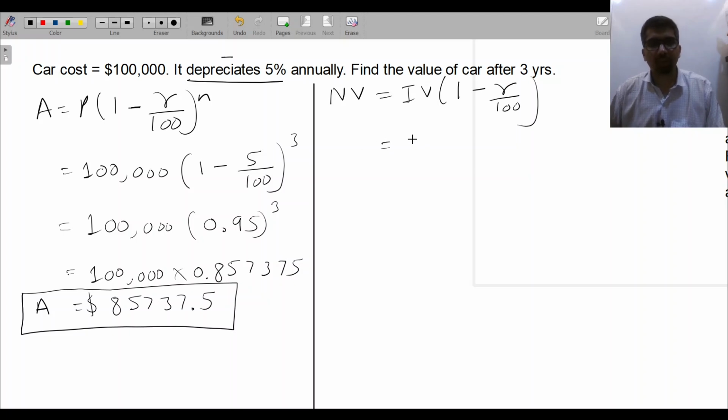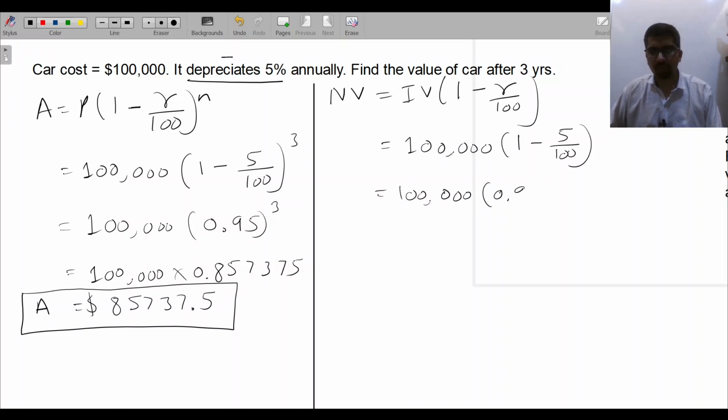So initial value is 100,000. 1 minus 5 upon 100. This will be 0.95. After the decimal there are two places, so 2 zeros will go. This will be 95,000. So at the end of first year the value of car will become $95,000.